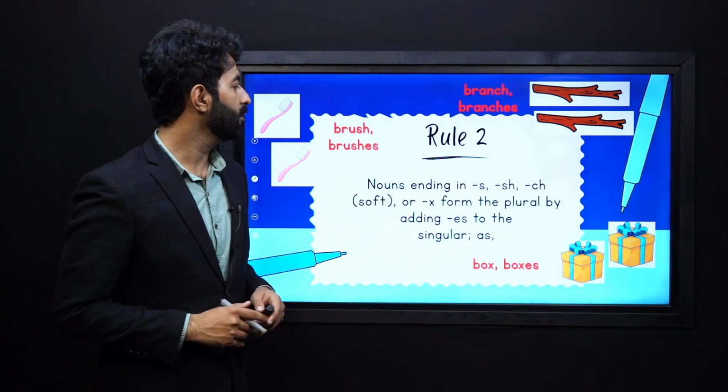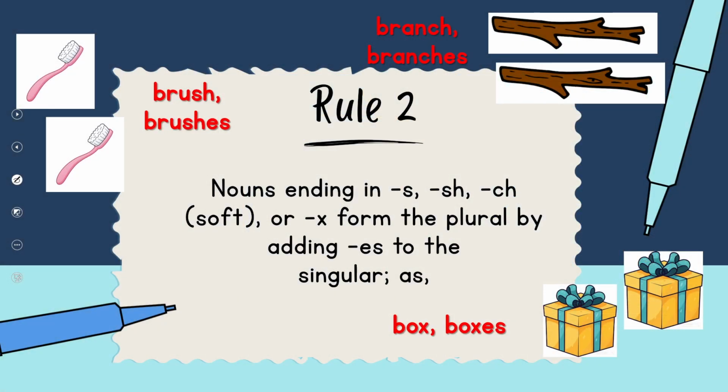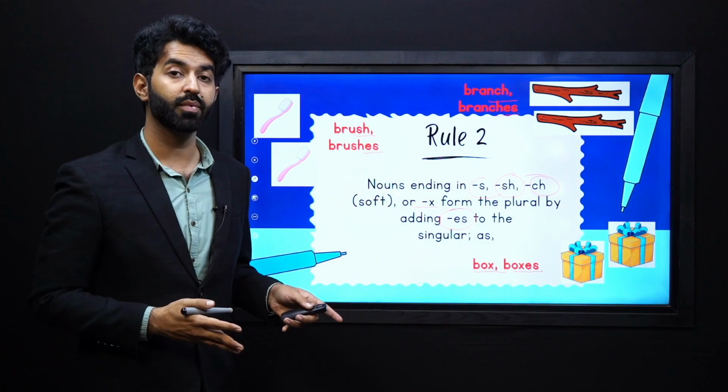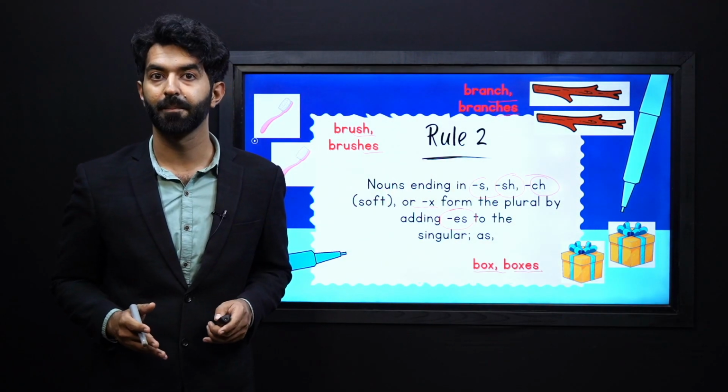Rule number two will be nouns ending in s, sh or ch or x form the plural by adding es to the singular nouns. For example, brush will be brushes by adding es, branch will be branches, box will be boxes. So we applied those rules in this example, and I hope that it is very much clear.